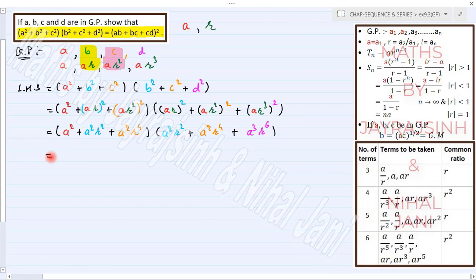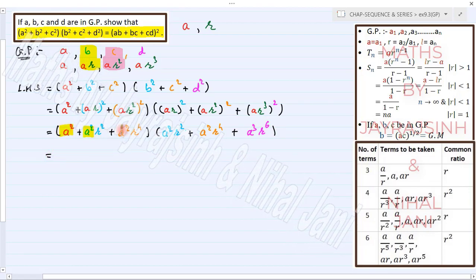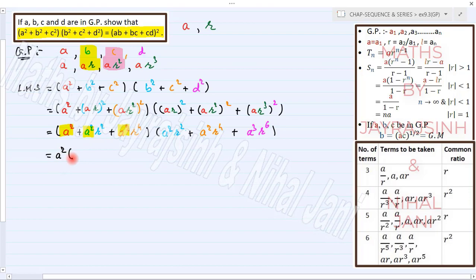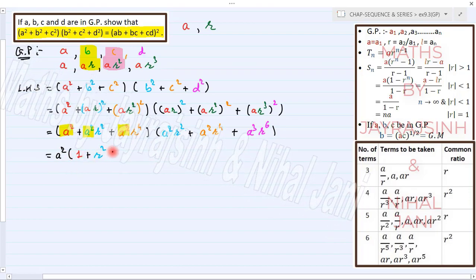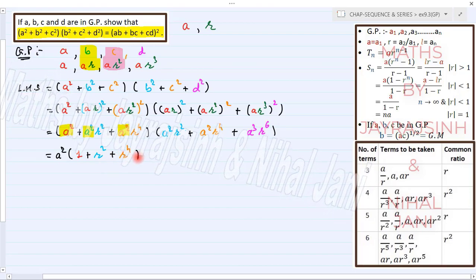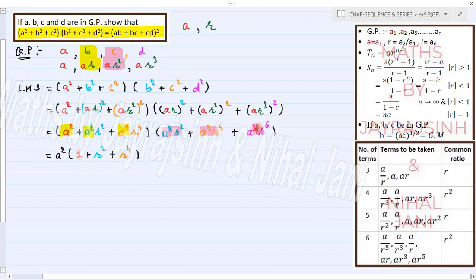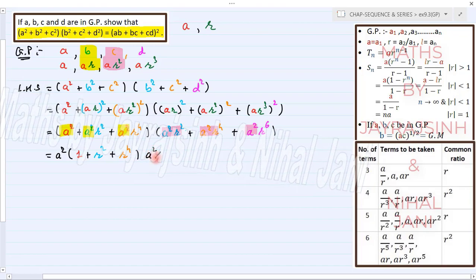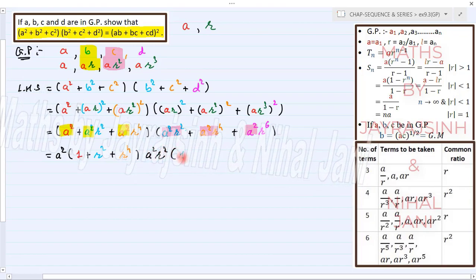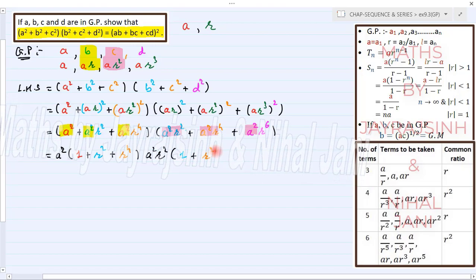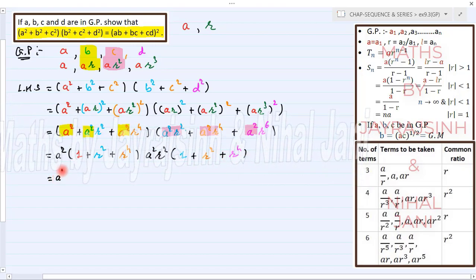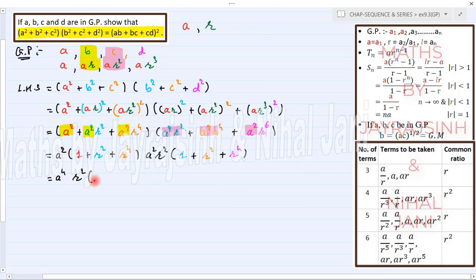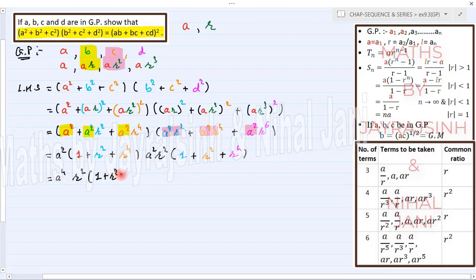Now as you can see, from the first bracket we can take a square common, so we'll get 1 plus r square plus r raised to 4, and from the second bracket we can take a square r square common, so we'll get 1 plus r square plus r raised to 4. So your left hand side will be a raised to 4 r square into (1 plus r square plus r raised to 4) the whole square.